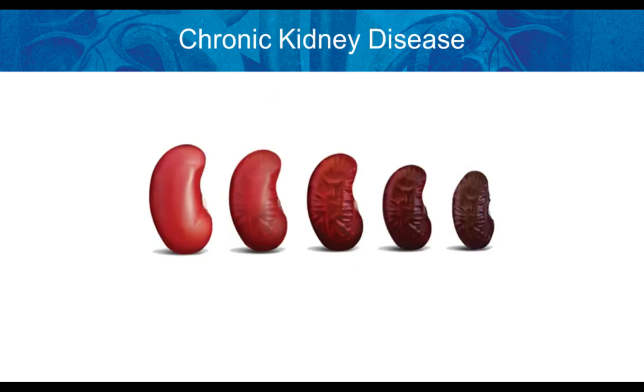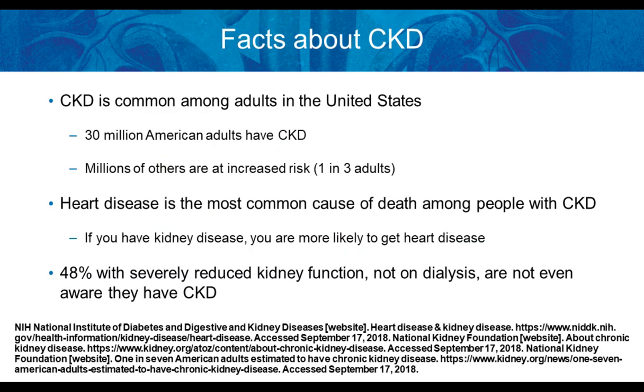Now let's turn and talk about chronic kidney disease. Chronic kidney disease is among the most common diseases among adults in the United States. Roughly 30 million Americans are affected by chronic kidney disease. And many others are at risk for chronic kidney disease and are not even aware that they have this condition.